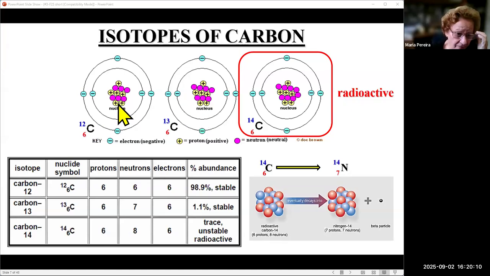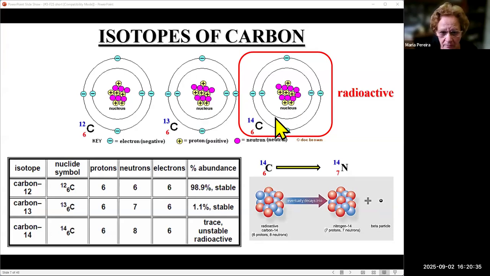So we talked about carbon 12 and carbon 13. Both of them have 6 protons, here represented in yellow with the plus sign. But now look at the neutrons represented in pink. Carbon 12 has 6 neutrons. Carbon 13 has 7 neutrons.